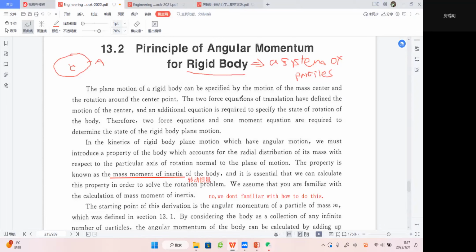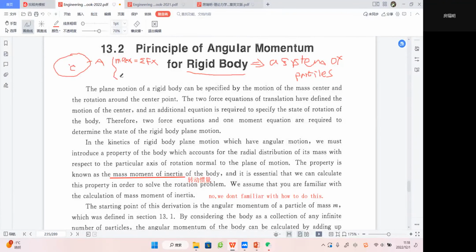The two force equations of translation have defined the motion of center. So can you guys understand the meaning of the first half of this sentence? That means actually what we have learned, MAX. So we can clearly write that MACX equal sigma Fx, right?